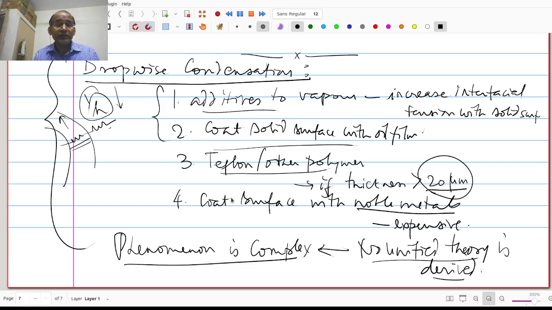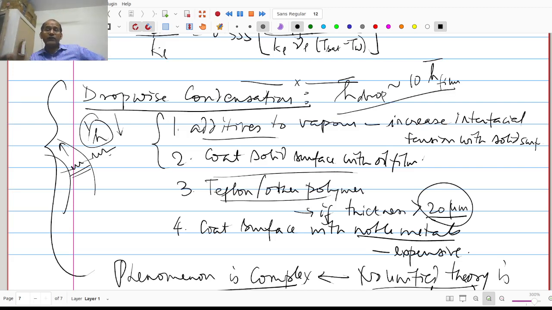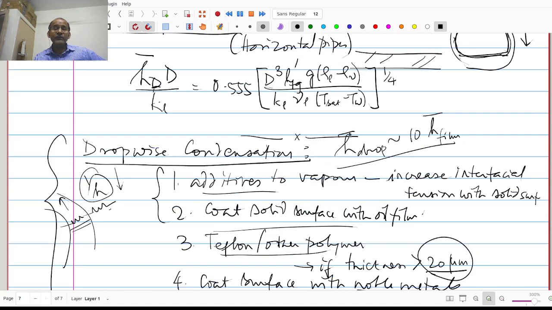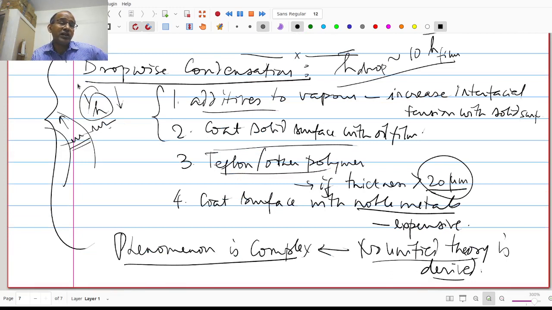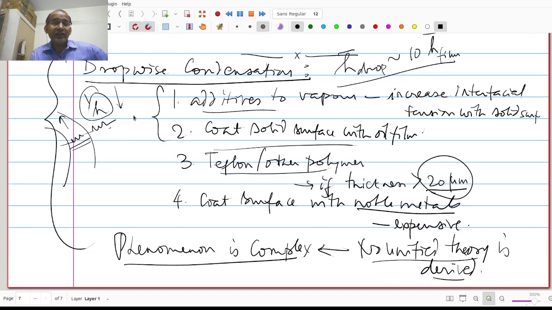You would use a film condensation method and then say H bar dropwise is approximately 10 times the H bar film. So you would calculate the H bar film from the analysis that we have done in the earlier part of the lecture and just multiply it by 10 to get an approximate value of the H for the dropwise condensation. This is normally what is done for estimating the dropwise condensation heat transfer coefficients.